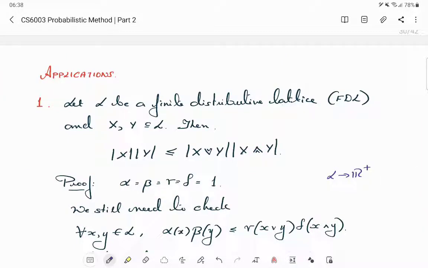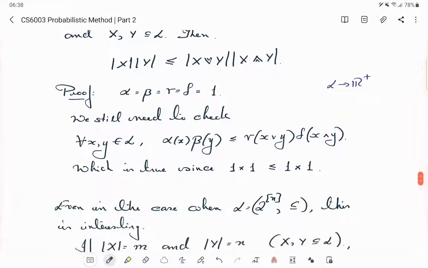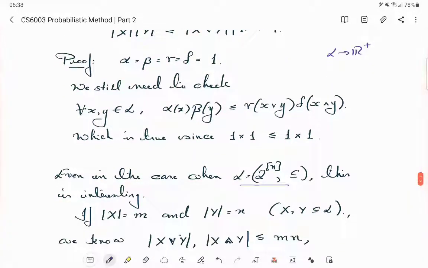Even if this was restricted to just L being 2 power n, L being the power set of some ground set n, this is still interesting. Remember, this is the case that I have mentioned here. Think about the case when L is 2 power n and the relation is subsethood.